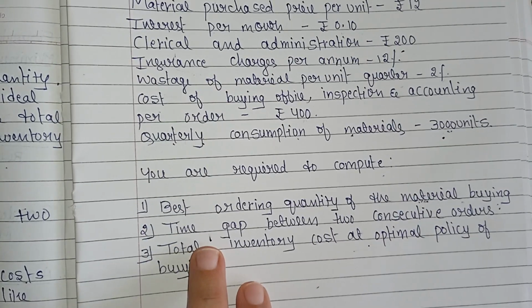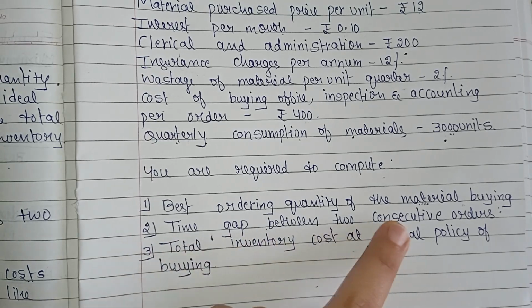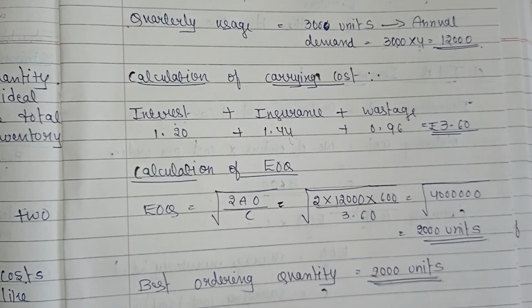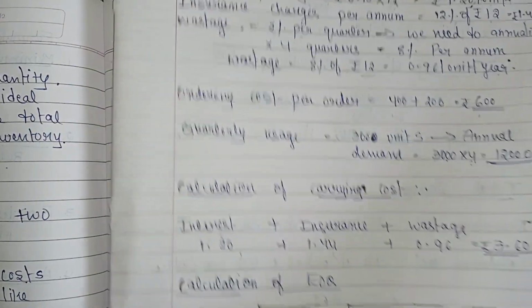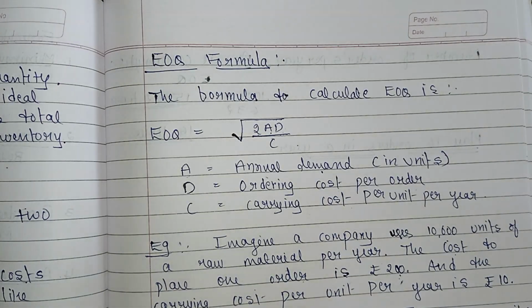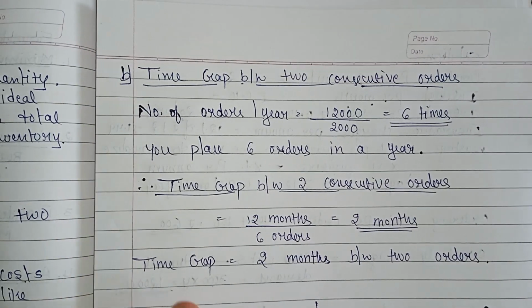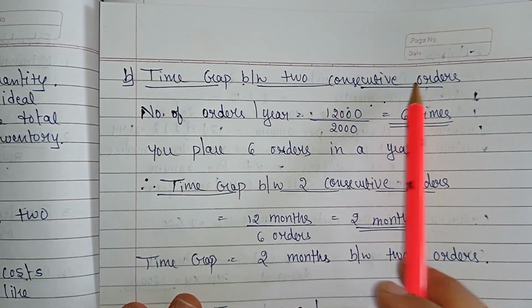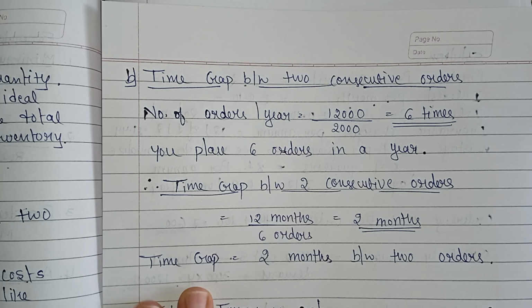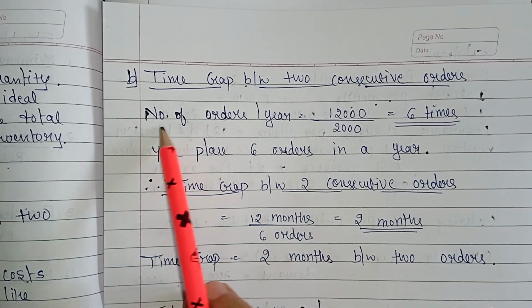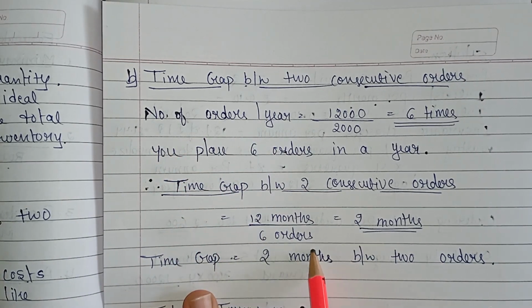Now we have to calculate the time gap between two consecutive orders. Before that we have to calculate the number of orders per year.